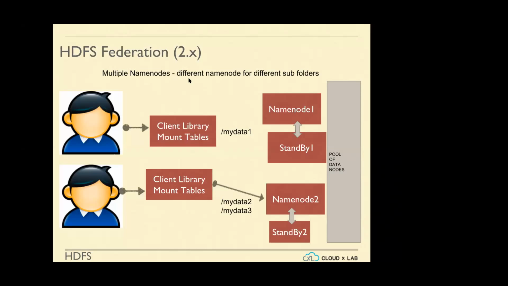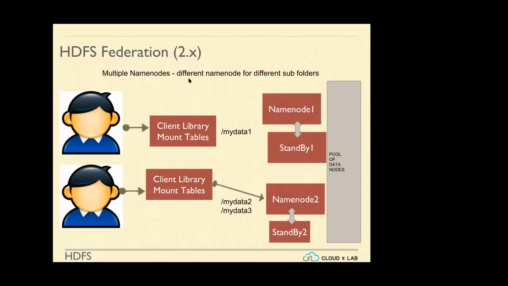Since the data nodes already have the space, it was just the name node's memory that was full, so we needed two name nodes, and therefore we can use the same data nodes. That's a part of the architecture of HDFS. HDFS Federation was enabled in Hadoop 2.